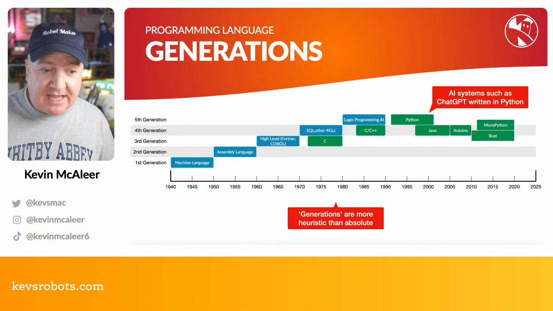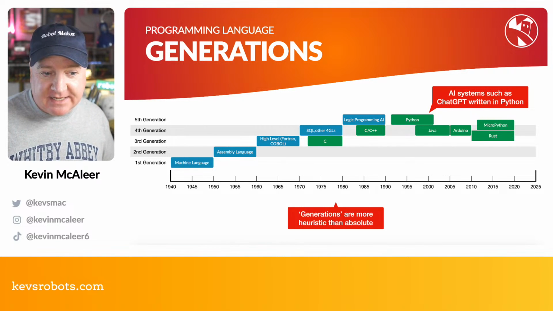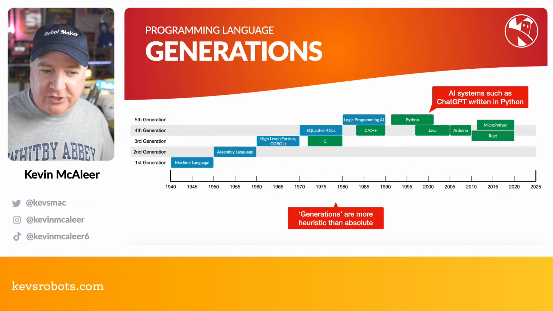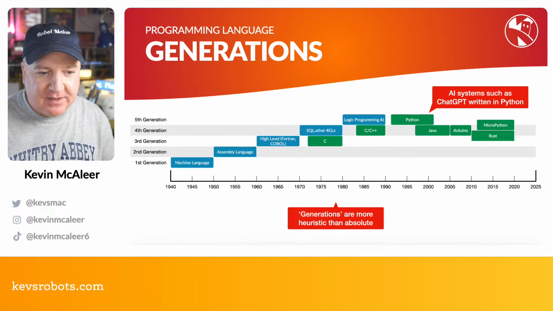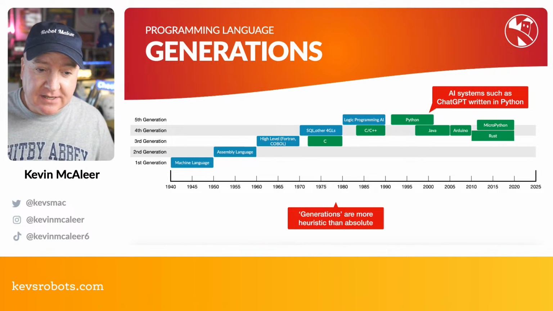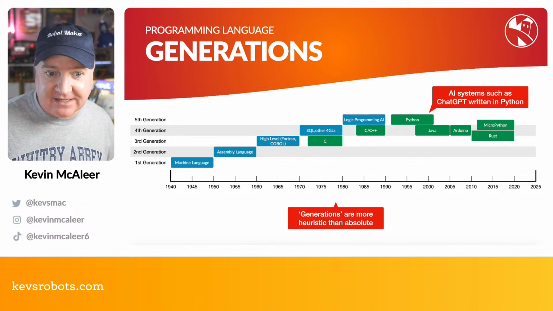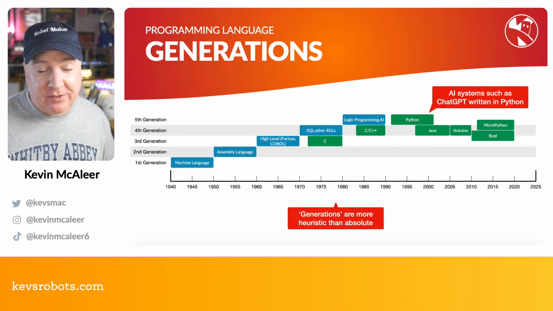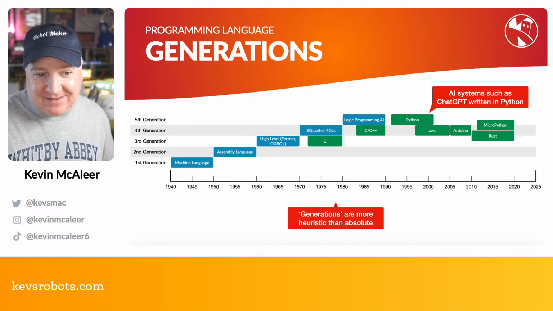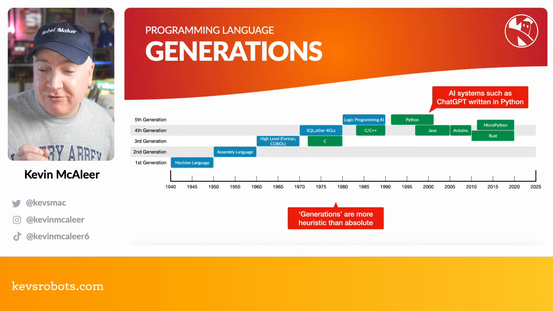4th generation languages came along in the early 70s. Things like SQL, although you might argue that's not a true programming language, it is a language. And we have other 4th generation languages such as C++, Java, the Arduino processing language, and even MicroPython and Rust are technically 4th generation languages. And then in the 80s, we had the beginnings of 5th generation languages, languages that could do logic programming and AI.